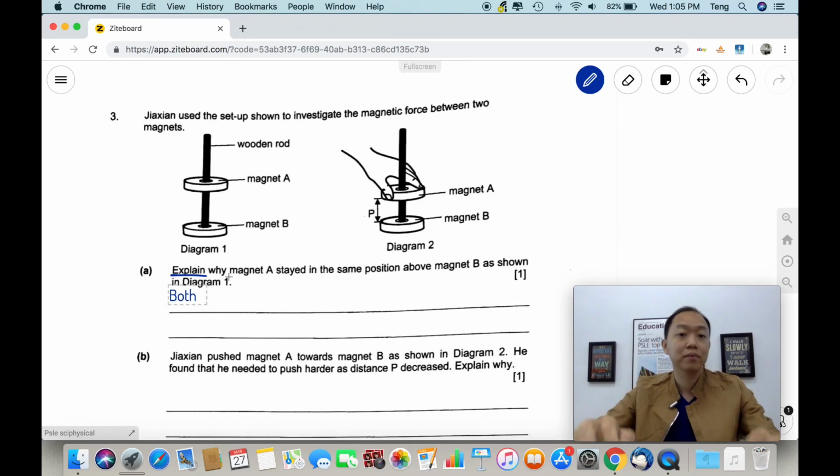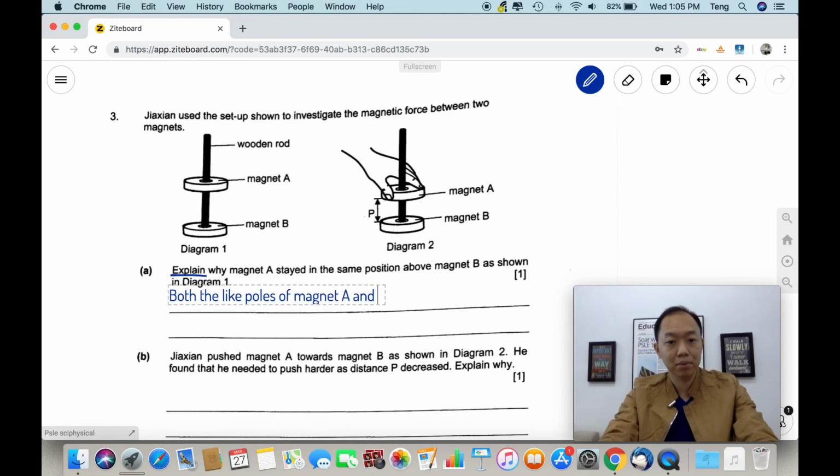Let me just rephrase that. We want to be a bit more specific. So the like poles of magnet A and B are facing each other.